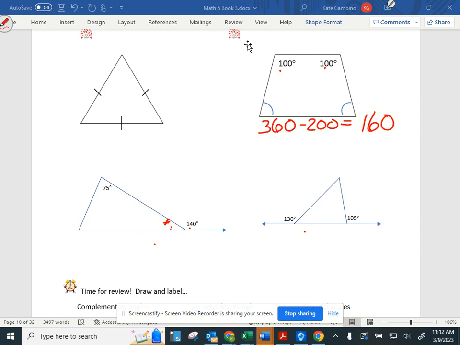Oh, Nora. The straight line, is that what you said? Yeah. A straight line equals 180 degrees. We know one of them, so we could do 180 minus the 140 gives me that inside angle. Now I know my two inside angles, I can find my third angle.